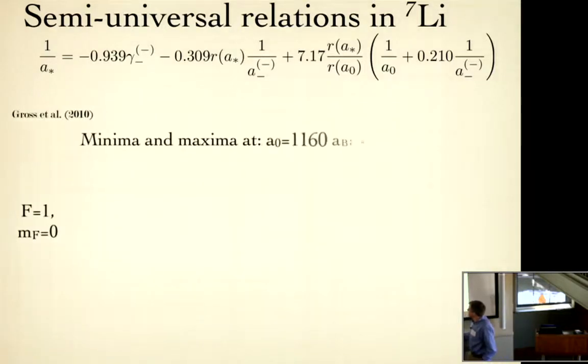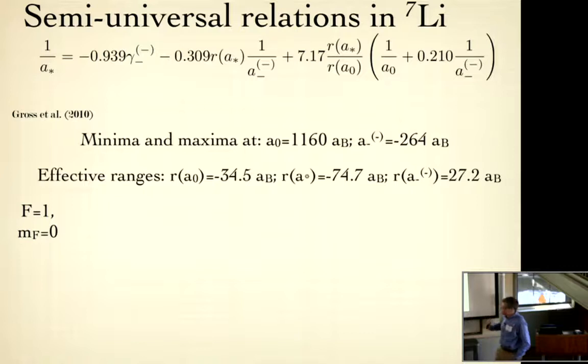Before I apply that to the Dyke et al. data, let me apply it to the slightly older data from the Tel Aviv group. They measured minima and maxima at these positions. And from a theory of the Feshbach resonance, we obtained these numbers for the dependence of the effective range on the scattering length.